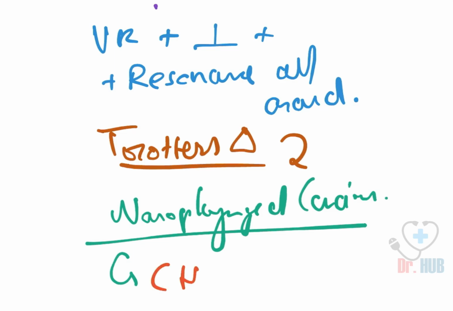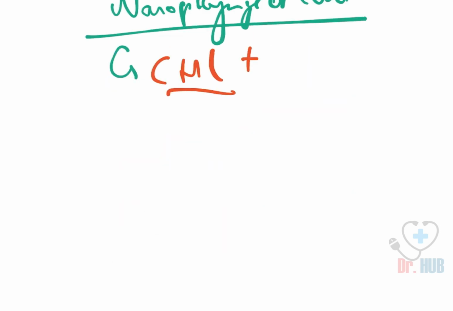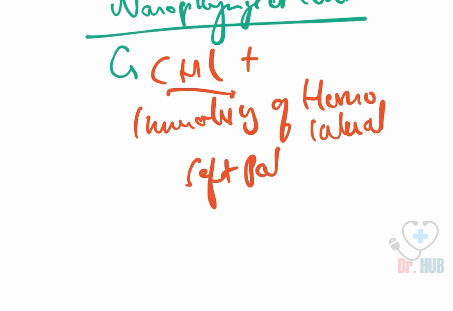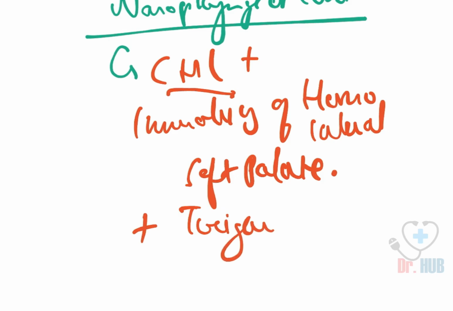Components include conductive hearing loss, and there is immobility of the homolateral soft palate, and trigeminal neuralgia.